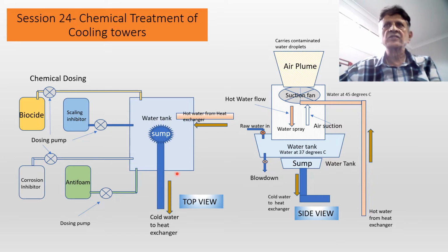Now in order to treat this water, there might possibly be 4 different types of dosing stations or dosing tanks, each of which will have a dosing pump. One will dose biocide, the other scaling inhibitors, the third corrosion inhibitors, and the fourth may be anti-foam.